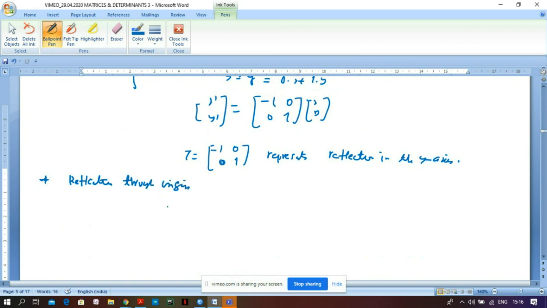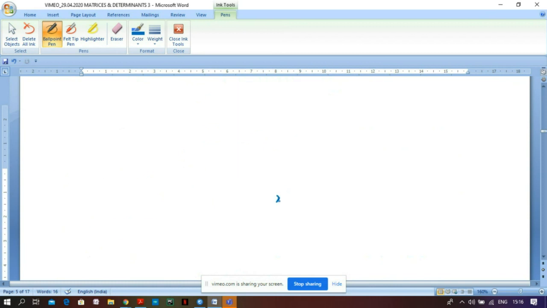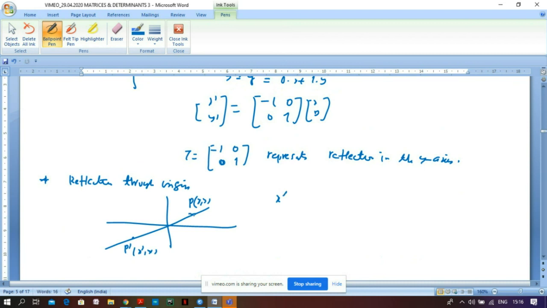So let's do reflection through the origin. That means you have a point P, x comma y, and P prime is again x prime, y prime. Reflection through the origin means that O is the midpoint of P and P prime. So x prime equals negative of x and y prime equals negative of y.